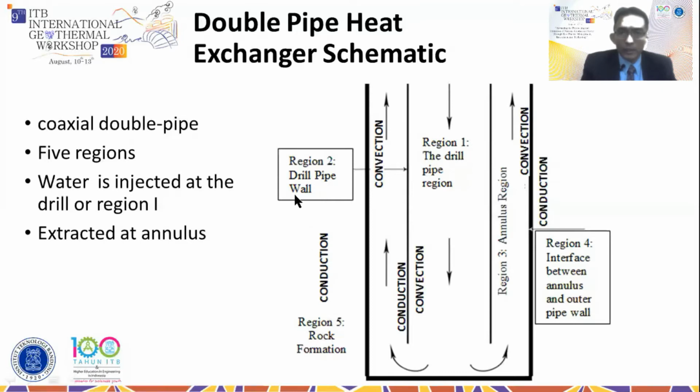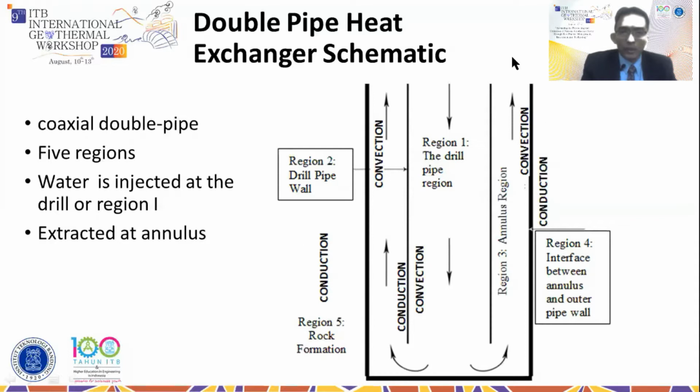The second region is the drill pipe wall. This is between region 1 and region 3, where region 3 is the annulus region. The fourth region is the interface between the annulus and the outer pipe wall. And the fifth region is the rock formation.